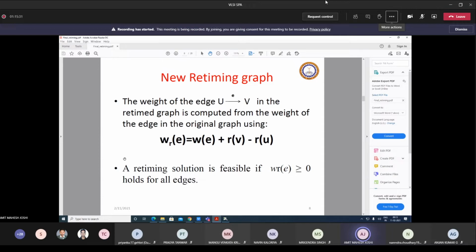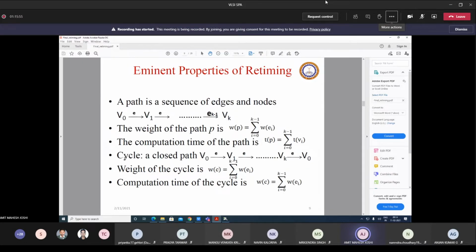The new weight after applying the retiming is defined like this. The equation says that Wr(e), the new weight, is equal to W(e), my old weight, plus r(V), where r(V) is the retiming vector value for node V, minus r(U), the retiming vector value for node U. Now let's try to understand it with the example.